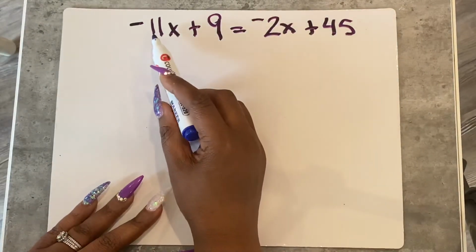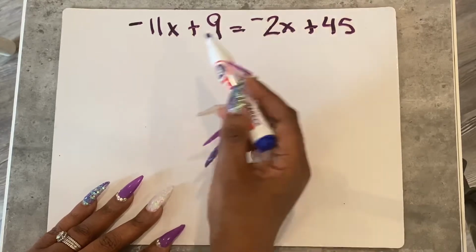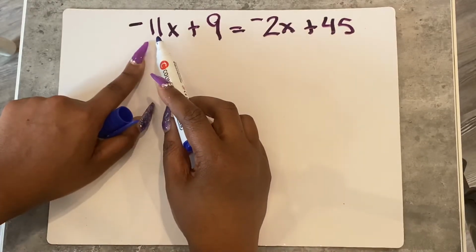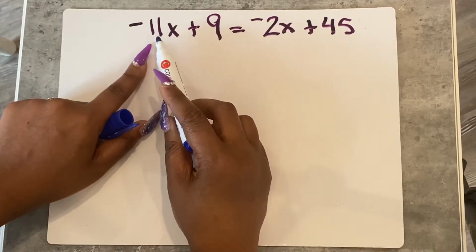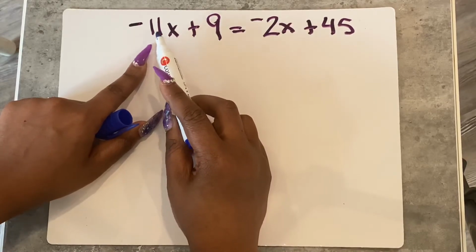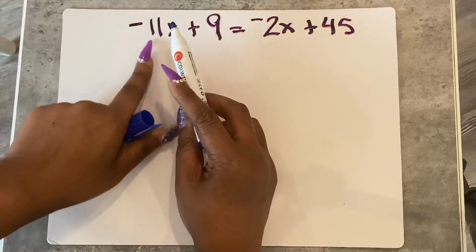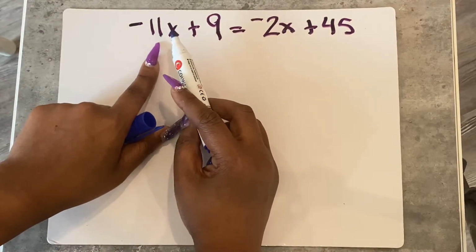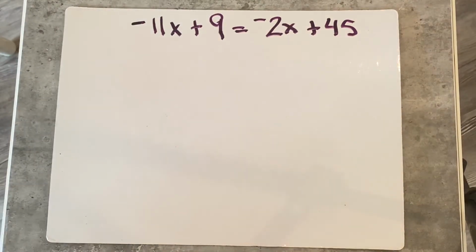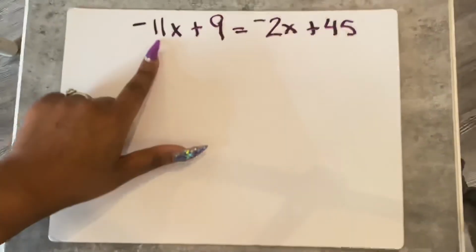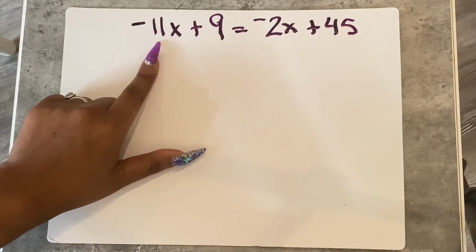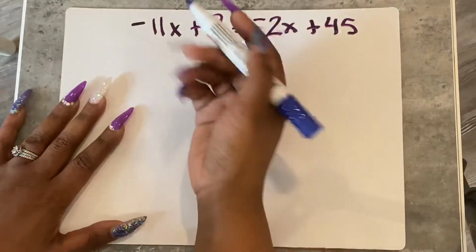Now, this number is bigger and it is a negative. The best thing for you to do is to look at whether the number is bigger and negative. If the number is bigger and the number is negative, move that number. I'm going to show you why.